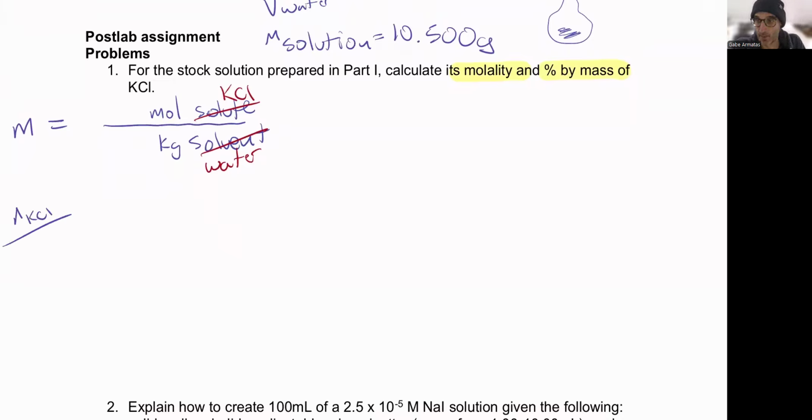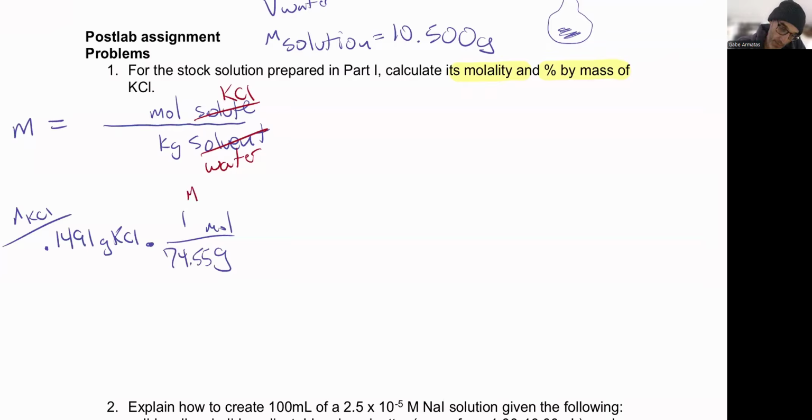Lowercase n is what we use for the variable for moles. So moles of KCl. This is a simple conversion: 0.1491 grams of KCl times a fraction, with grams to go away and moles to remain. 1 mole of KCl is 74.55 grams.